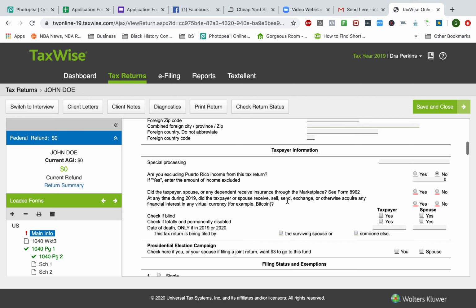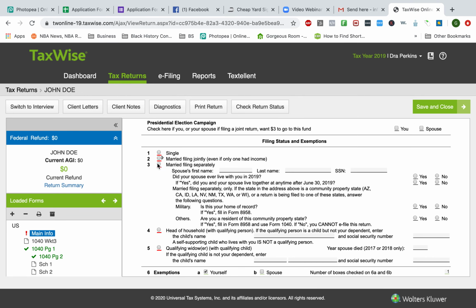All right, come down. And so right now he wants to file separately. Okay, he just wants to see how much he's getting back. So I'll put married filing separately. All right. I don't believe you have to put in this information when you're doing a quote. Like I said, every year this changes, but for now we'll leave that blank. So, did your spouse ever live with you in 2019?